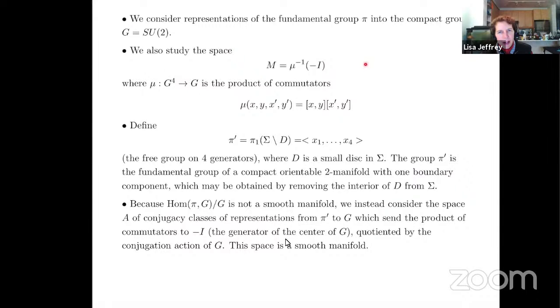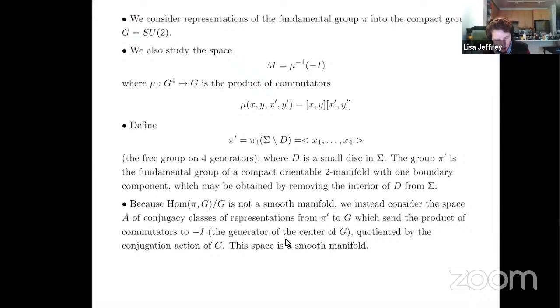And that is a smooth manifold. We're studying not Hom(π, G) quotiented by G, but instead the space where the commutator is sent to minus the identity. And that is a smooth manifold.